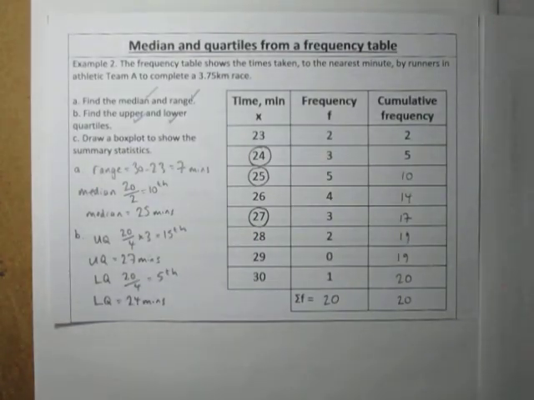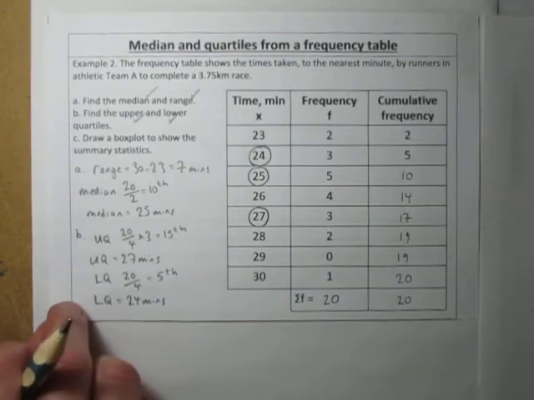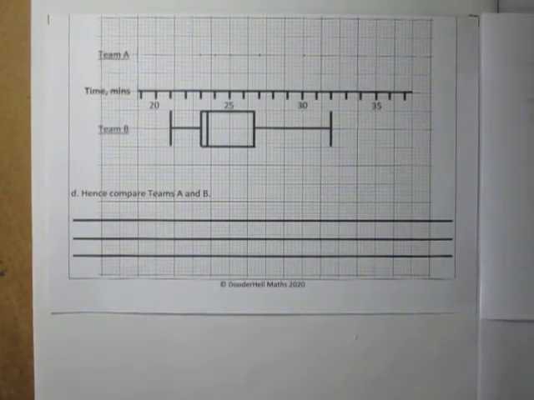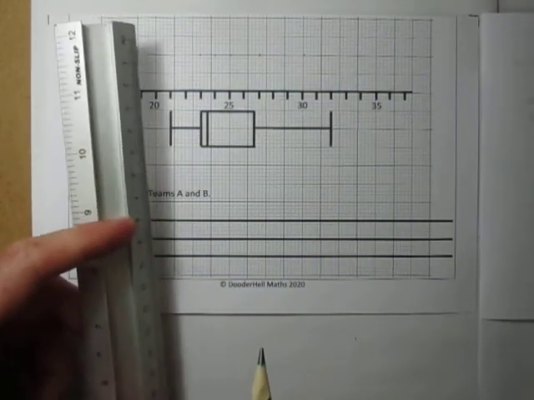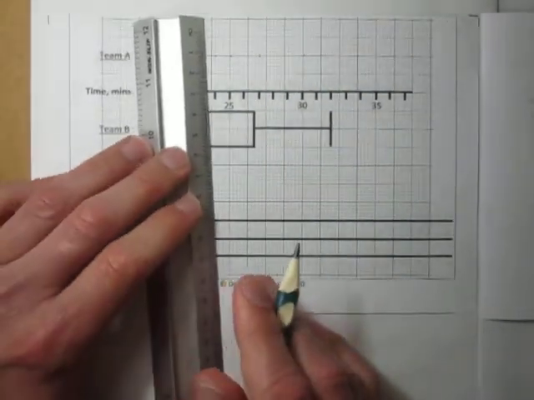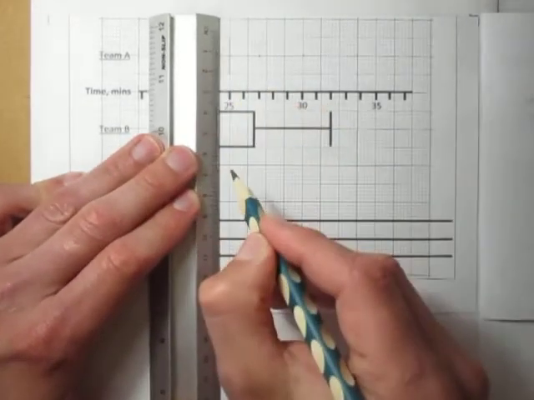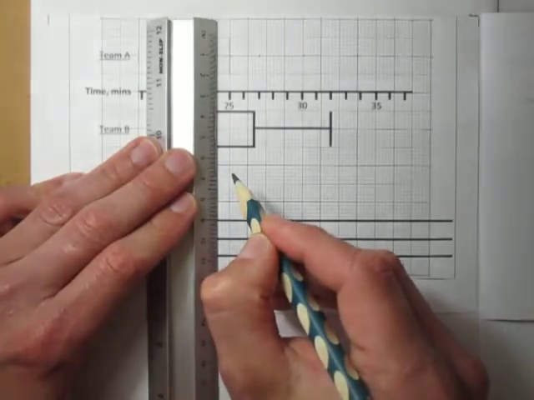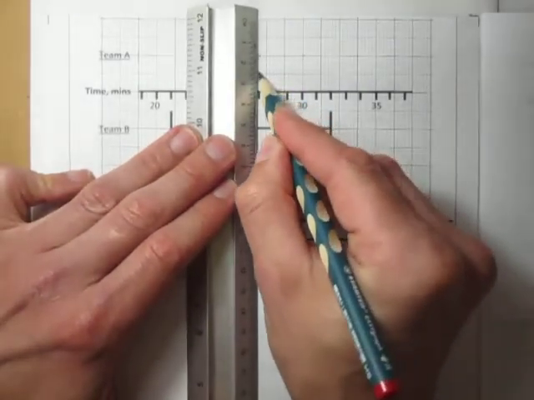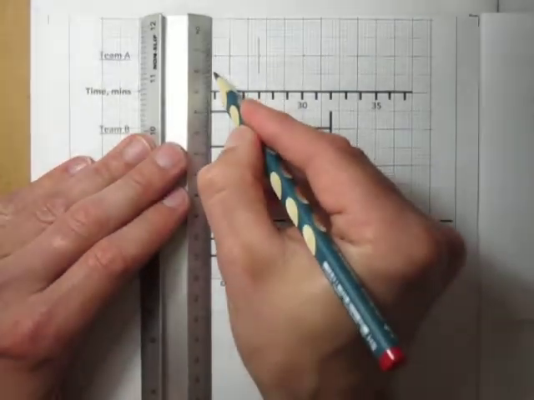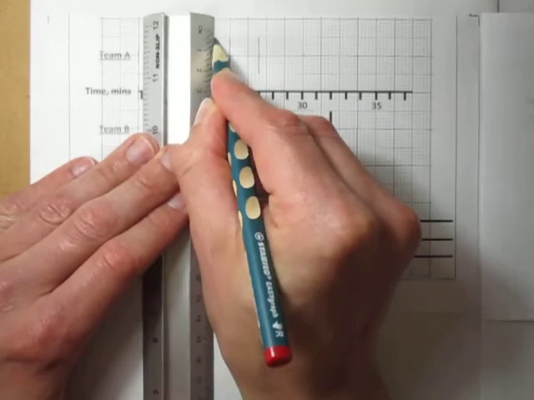Now what we want to do now is take those values, those summary statistics that we found, and use them to draw a box plot. Okay, so I'll plot these in one at a time. So we have the median, which is equal to 25, the upper quartile, which is equal to 27, lower quartile was equal to 24.